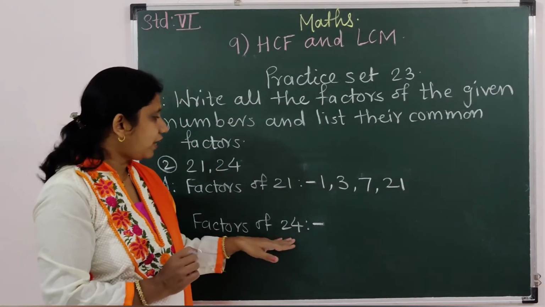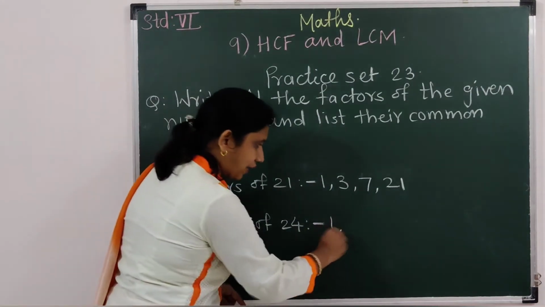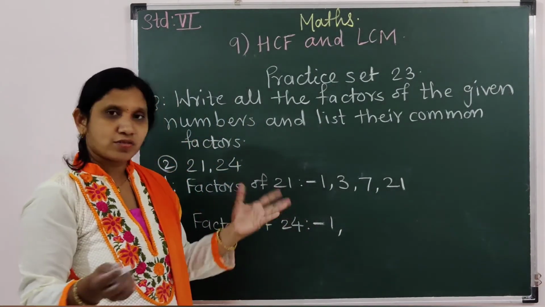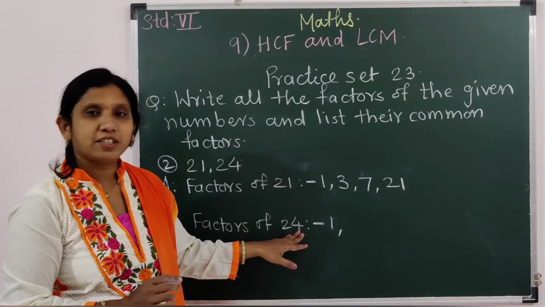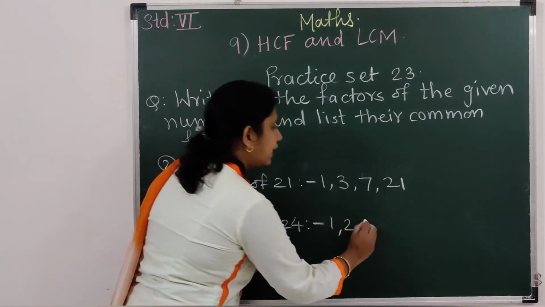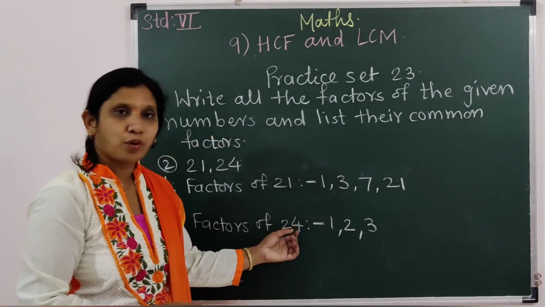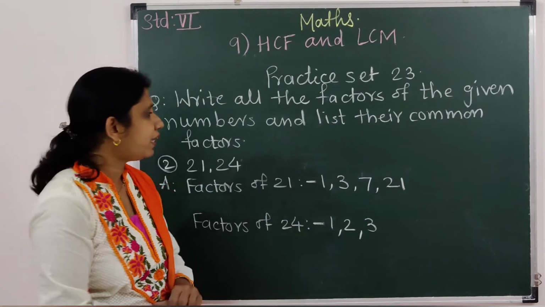Now we are going to write factors for 24. On unit place, 1 we have to write compulsory because 1 is a factor for all the numbers. On unit place digit is 4, so it is divisible by 2. Then 3 because 2 plus 4, 6 is divisible by 3, so 24 is divisible by 3.